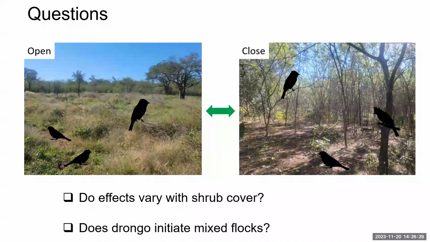In terms of variation in shrub cover, again, our prediction there was that with increase in shrub cover, the environment should generally drive heightened predation risk, because the environment is becoming more risky. More species may want to associate with a drongo that provide that anti-predator benefit.